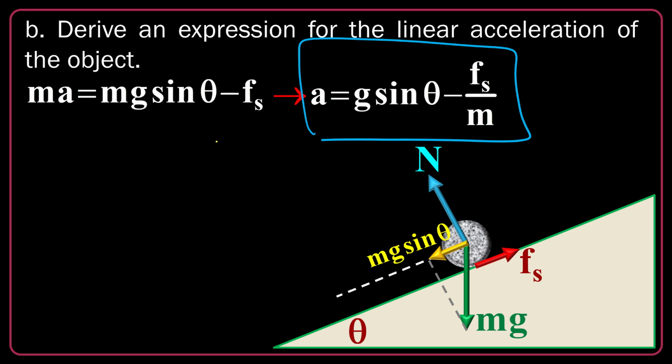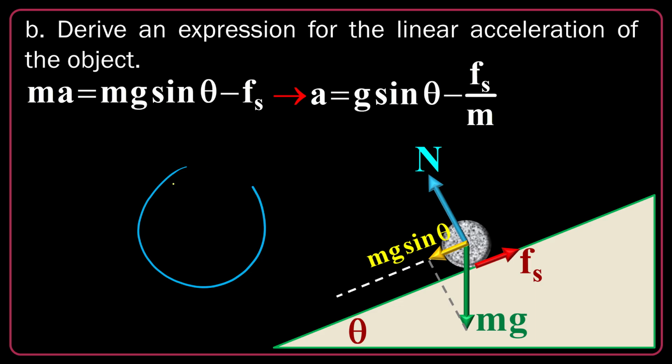I think we are not done yet because I should get rid of Fs. I should convert Fs to known values like I, like theta, like gravitational acceleration. So let's get rid of that. How? Do you remember I told you something about the torque? Here we have Fs and the radius of the rolling object, and I told you Fs will create a torque.